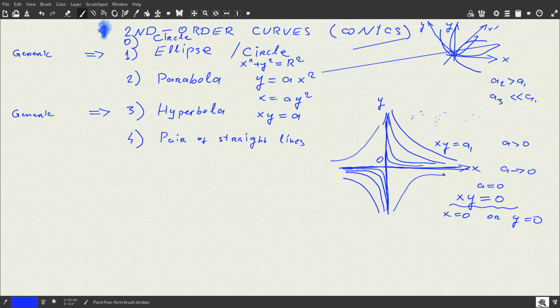Okay, so that's about classification. A more precise classification will be given later. Now, let us see why those second order curves are called conics, or conical sections.